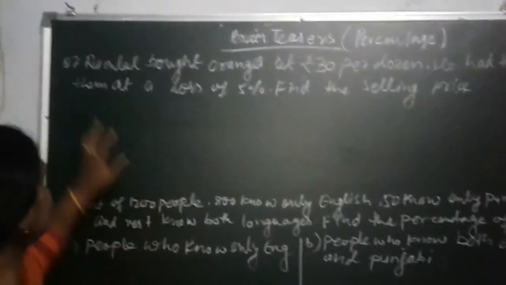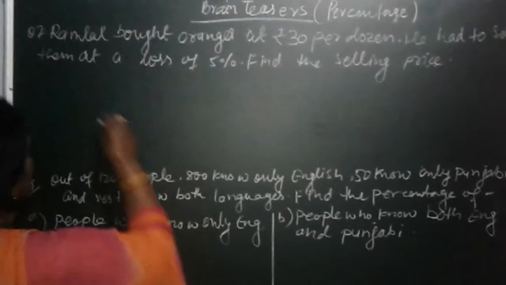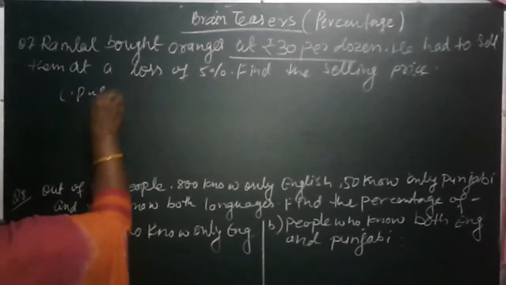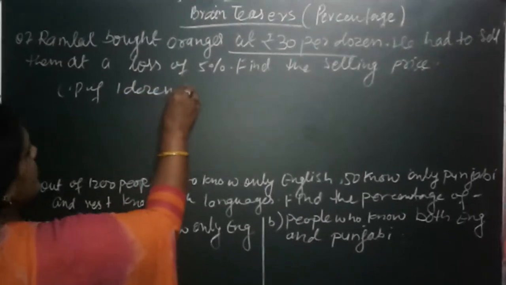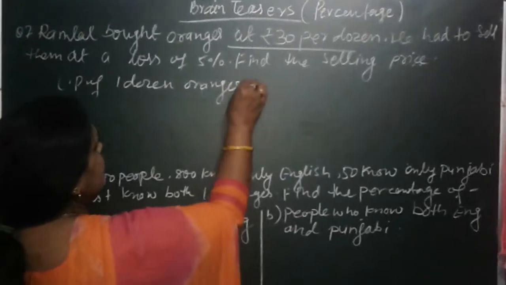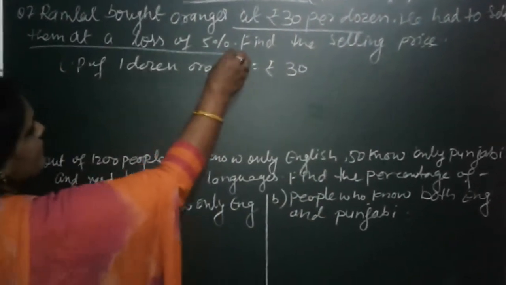Let's start the next question. Ramlal bought oranges at 30 rupees per dozen. So it is given the cost price of 1 dozen. Cost price of 1 dozen oranges is equal to rupees 30 and he had to sell at a loss of 5%.